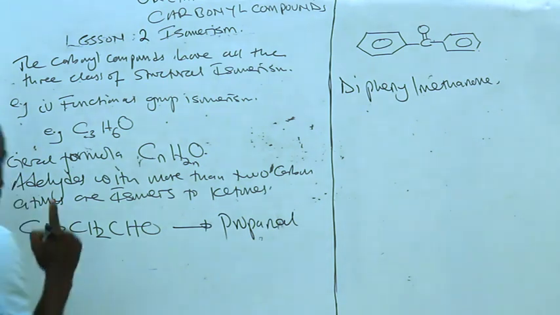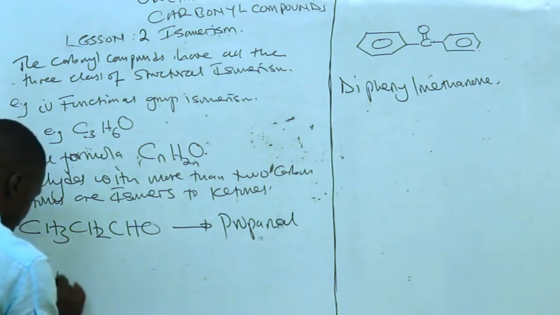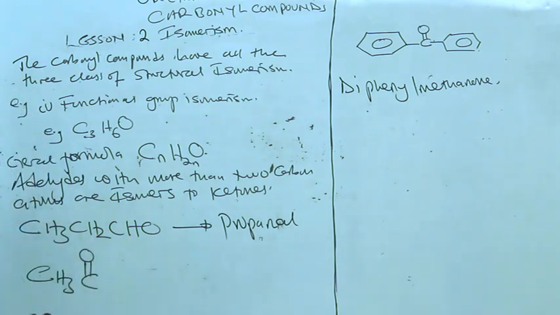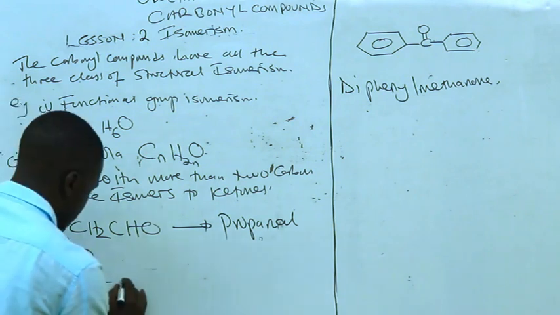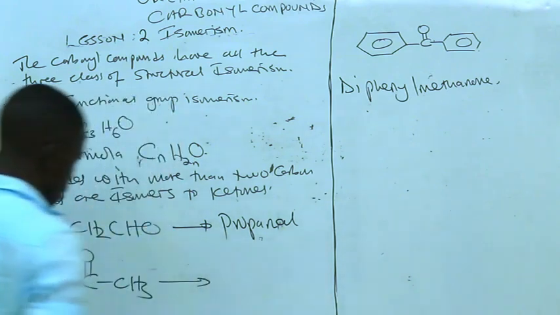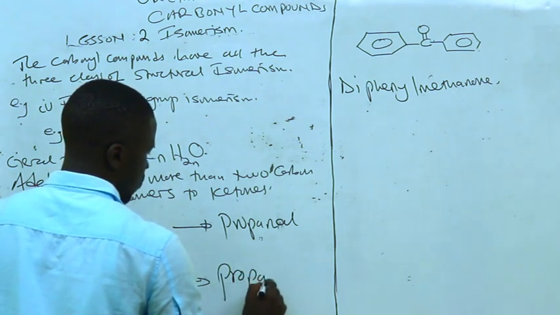Then the corresponding functional group isomer should be a ketone. And by all means, a ketone must have 2 hydrocarbon chains bonding or sandwiching the carbonyl functional group. And in this case, that will be the structure of our ketone. Name of this ketone, since there are 3 carbon atoms, if it was an alkane, it will be propane.